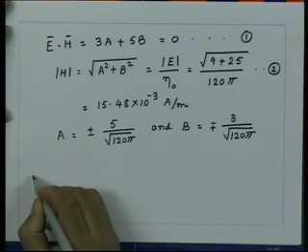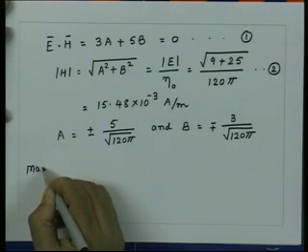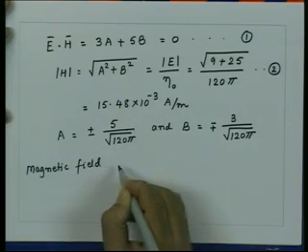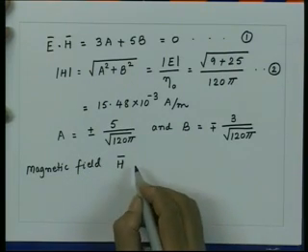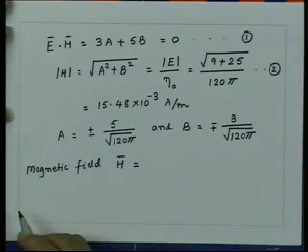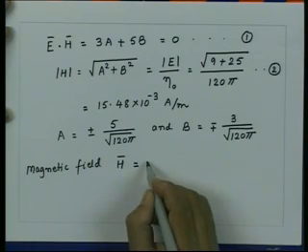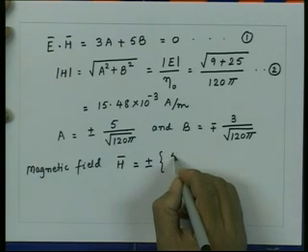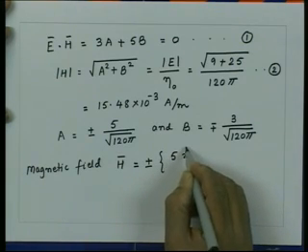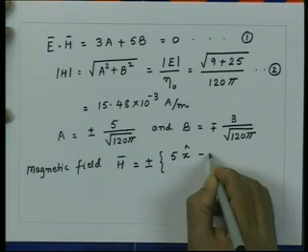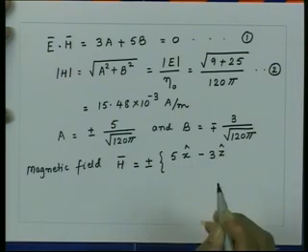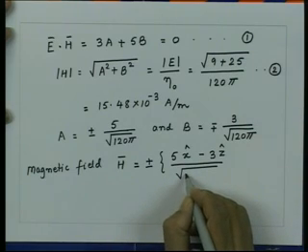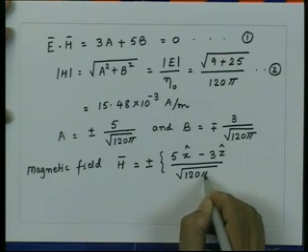So, the magnetic field vector H is equal to plus minus 5 x cap minus 3 z cap upon square root 120 pi.